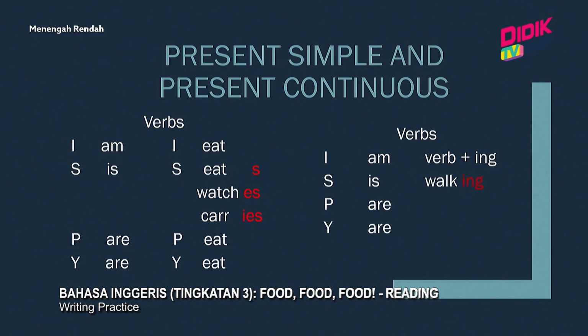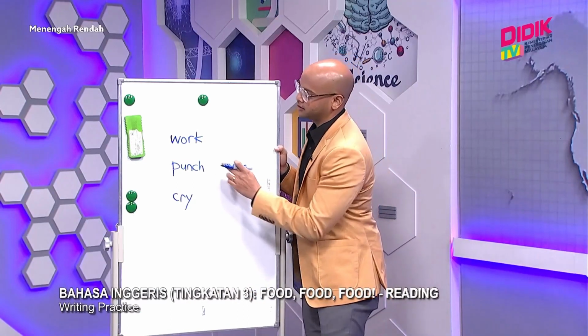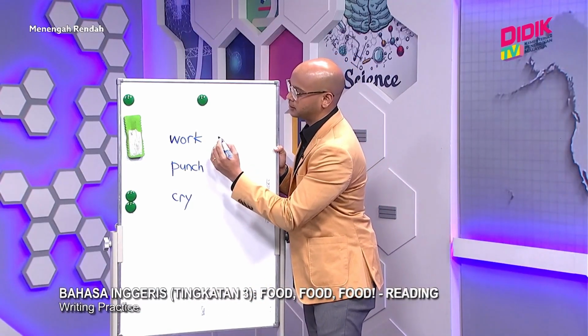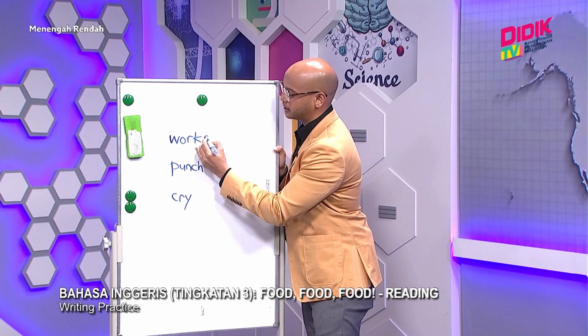So now we have an example here on this board. I already wrote a few words there. Sean, could you help me write your answer? What is going to happen to the verb if it is in the singular form, for present simple? Here I have work. So it'll be works. I'll just add an S there.